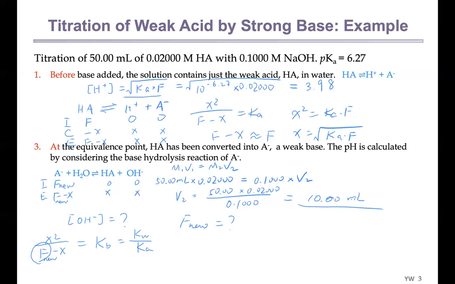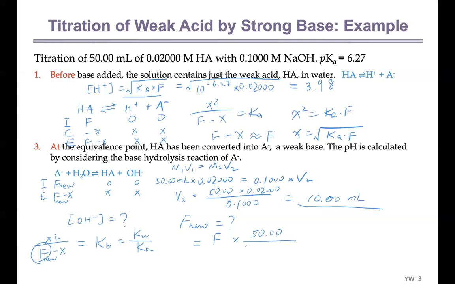Taking into consideration the dilution. You use moles divided by the new volume. How do we get the moles? It's the initial concentration multiplied by the original volume, right? That will give you the moles. And then you divide by the new volume.